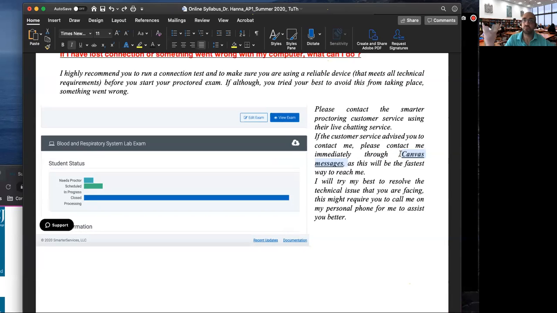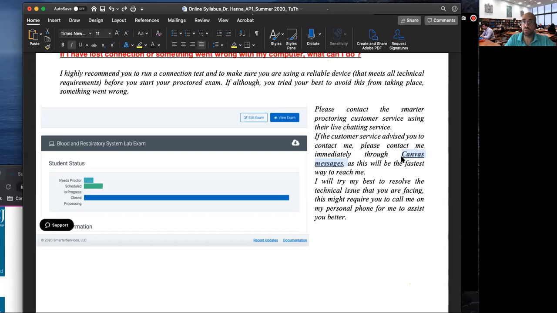It's going to be from multiple things, from the college, from the publishers. I receive emails from everybody, so I get a full inbox. So in order for me to look at your urgent need, please contact me through Canvas messages, not by email.